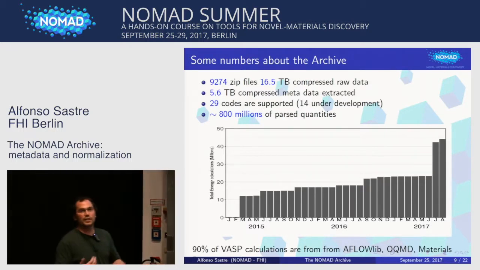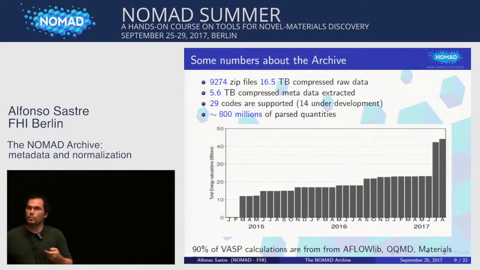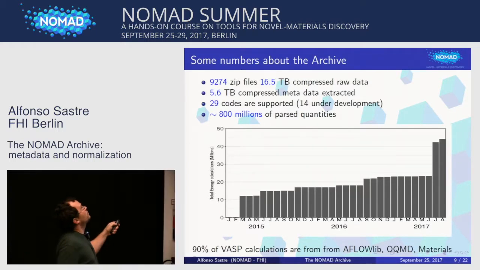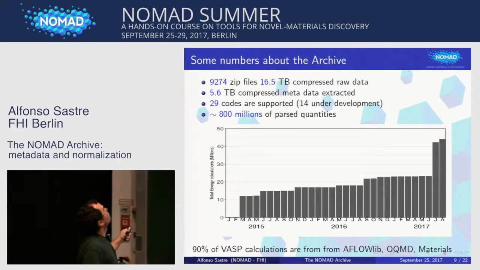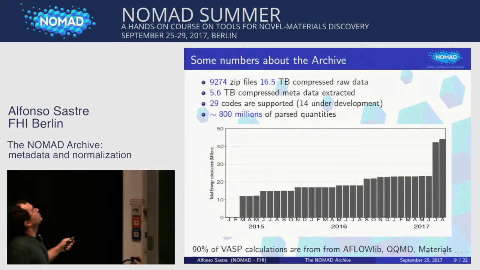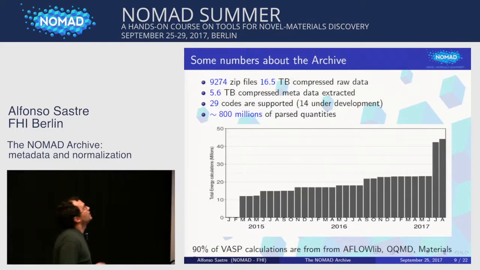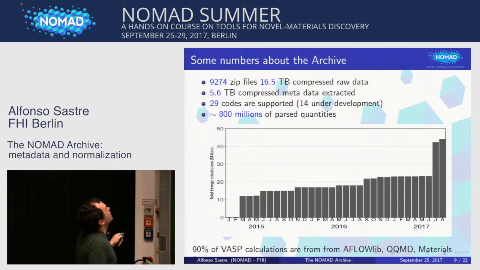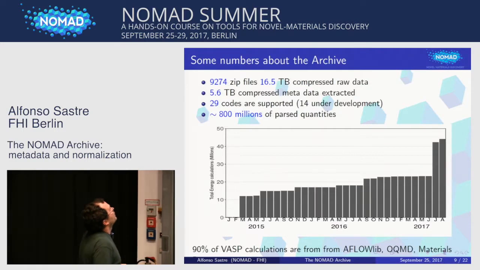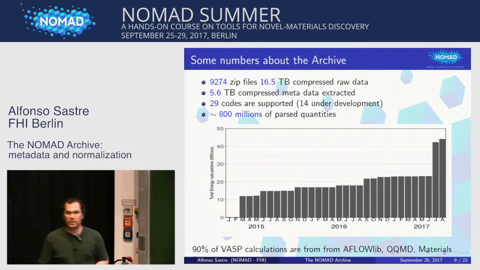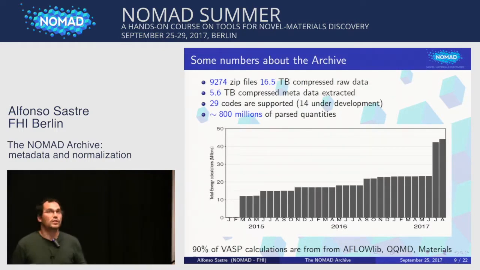This is not just text data with comments and so on, this is physical numbers. We are supporting 29 codes right now, and 14 are under development. To give you an idea, we are extracting around 800 million metadata from all the calculations. So it's a lot of information you have to handle.